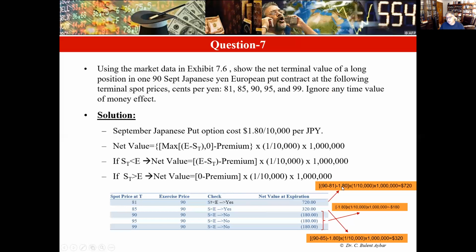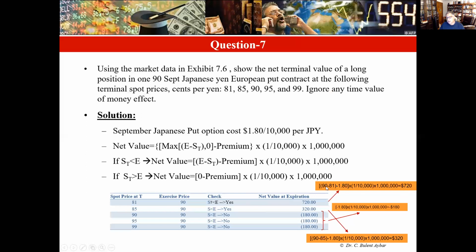We're going to subtract the premium, which is 180 in this case. We're going to do the adjustment for the Japanese yen, 1/10,000th of it in dollar terms, and then we're going to multiply that with the number of units of Japanese yen in the contract. That will give us a $720 net option value.